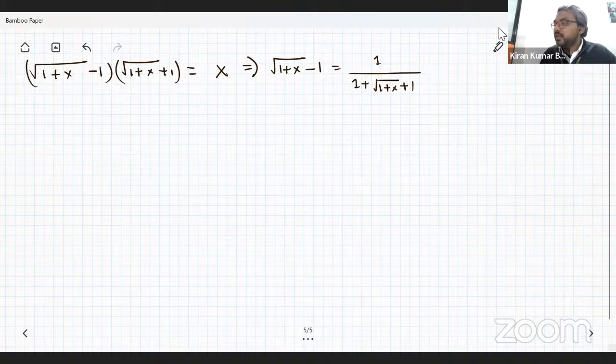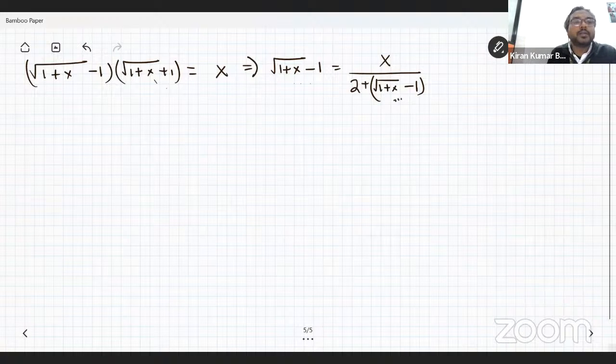√(1+x) − 1 is x by 2 plus, sorry, this will be 2 plus √(1+x) − 1, right? So I bring this below. So this is what I get. Now I convert this into a continued fraction. I'll replace the value here with the value here.